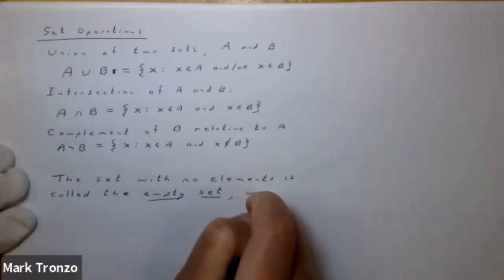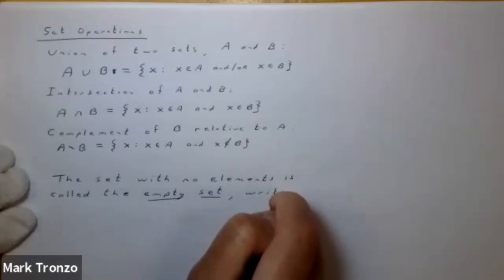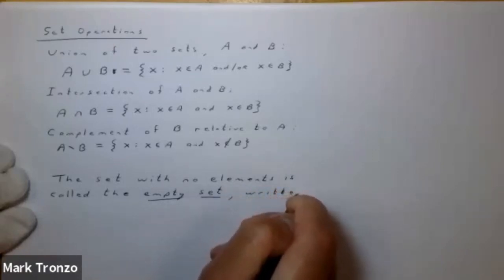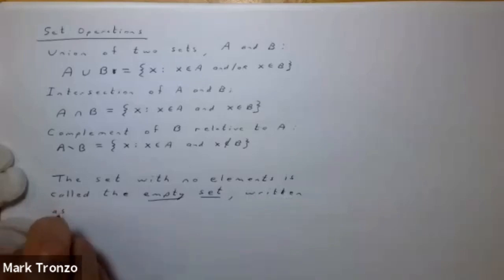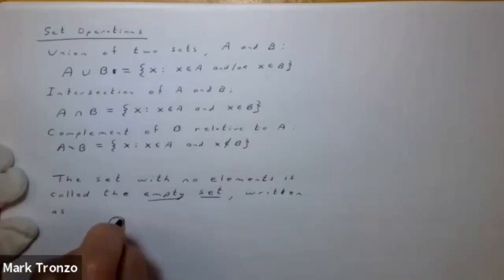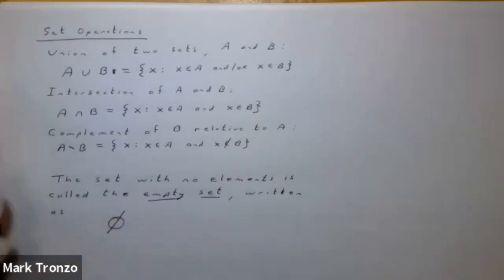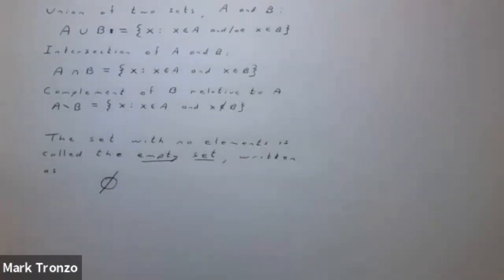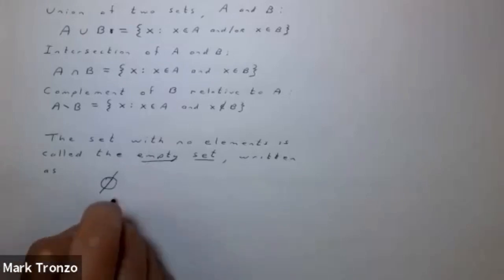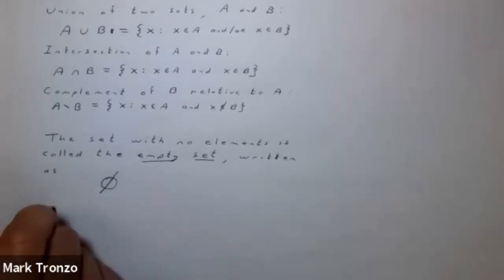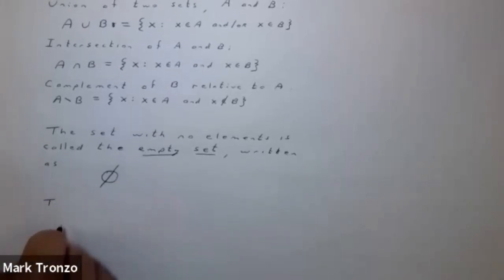And that's written as sort of an O with a line through it. It's not phi, it's not the Greek letter phi, although it sort of looks like it. And then two sets are called disjoint if they have no elements in common.